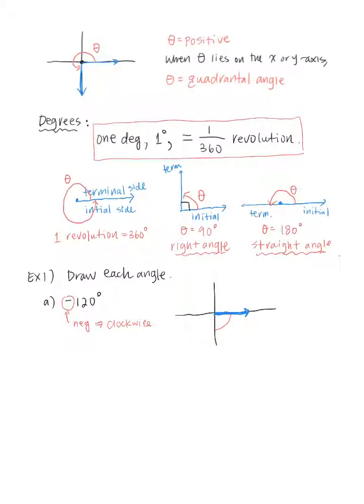In fact, it's negative 90 degrees. And then you want to get to negative 120. So 90 plus what is going to give us 120? That will be 30, isn't it? 90 plus 30 will be 120. So you're going to have to revolve negative 30 degrees.